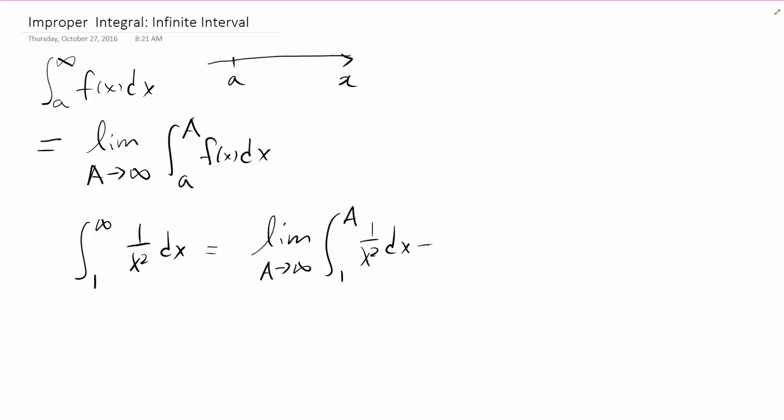Now we integrate first. Here we have capital A going to infinity, and x to the negative 2. When you integrate, you have negative 1, x to the negative 1, and you plug in capital A and 1. That gives us the value of the definite integral.